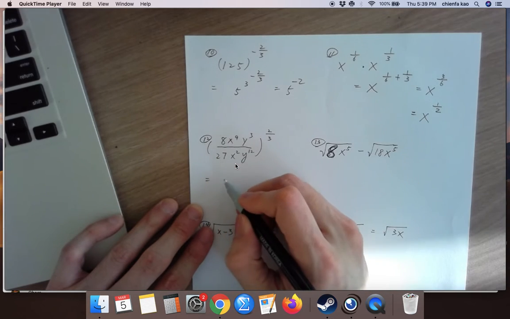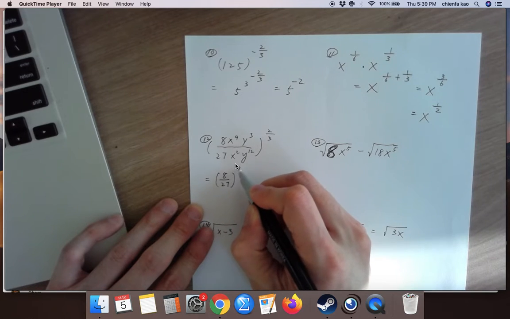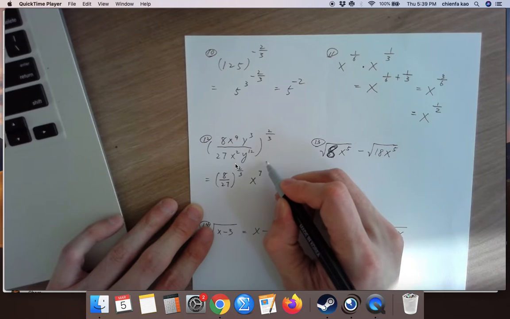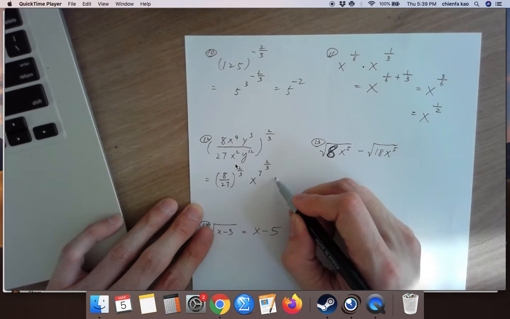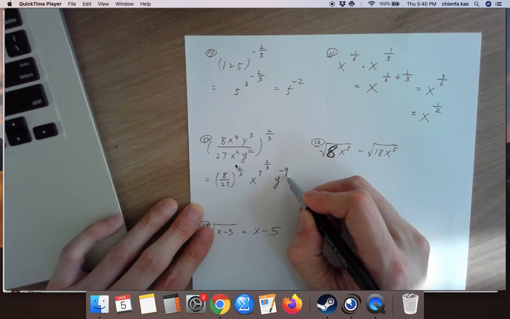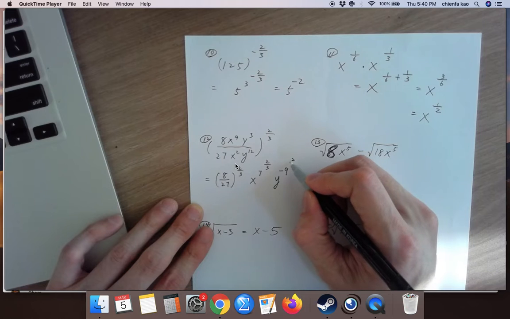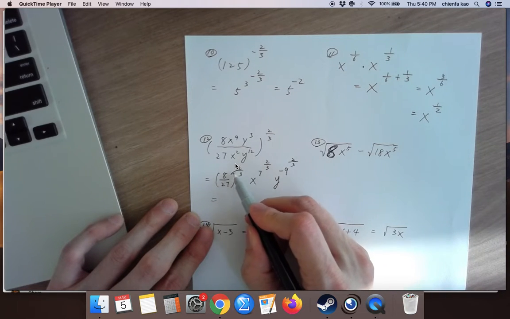Looks like the numbers cannot simplify, so it's this. And then this would be x to the 7. And then this one will be y to the negative 9. Let's make sure that's correct. All right, 2 over 3. All right, simplify that again. So distribute.